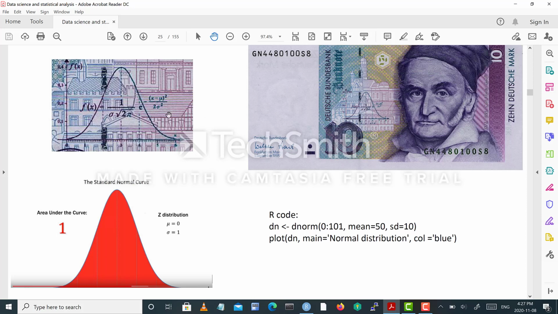normal curve. On the left-hand side, we can see the normal curve with the equation f of x equal to 1 over sigma times the square root of 2 pi times e to the power of minus (x minus mu) squared divided by 2 sigma squared. This is the equation of the normal distribution, or so-called Gaussian distribution.